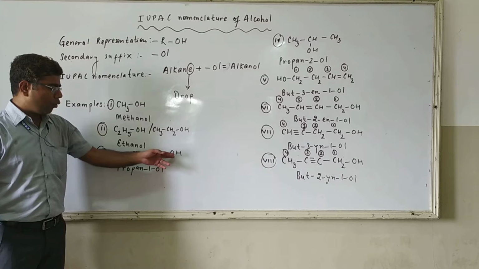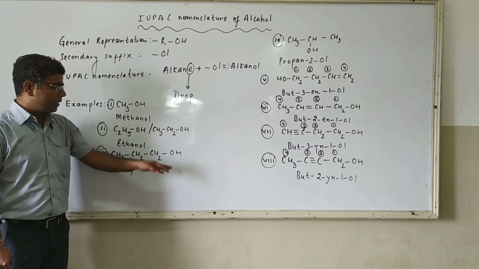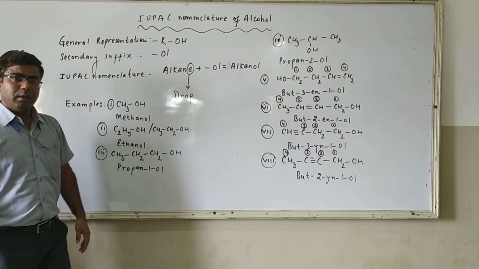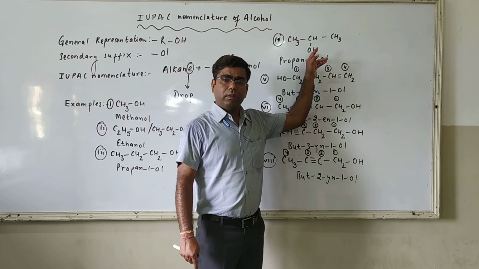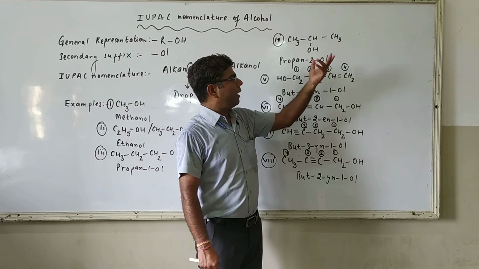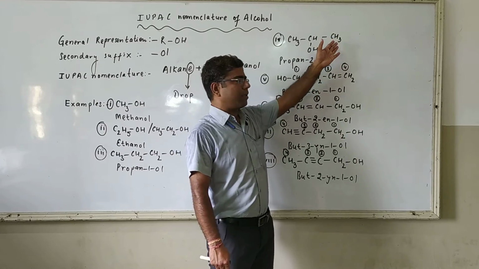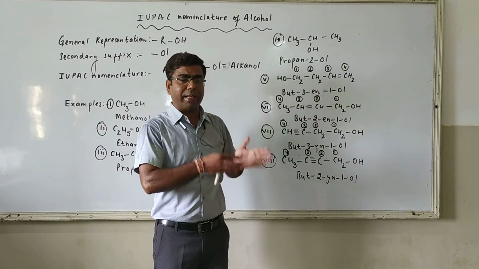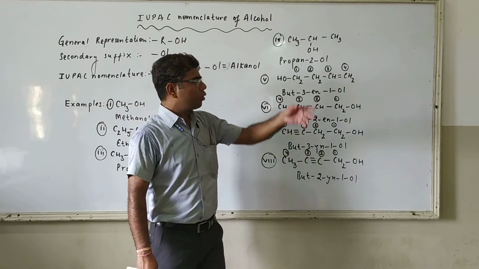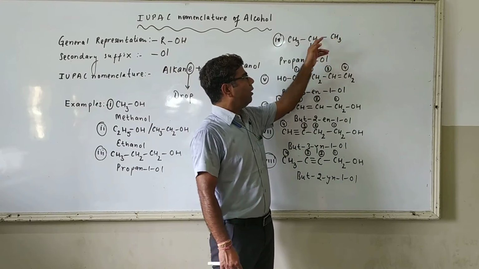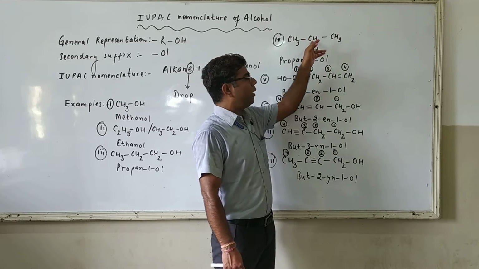Now instead of placing OH on this carbon, I am placing OH on carbon number 2. Let's start our counting. We can start our counting from the right hand side, or we can start from the left hand side, because from both ends the OH group will get the same position. So let us check here: 1, 2, and from here 1 and 2.